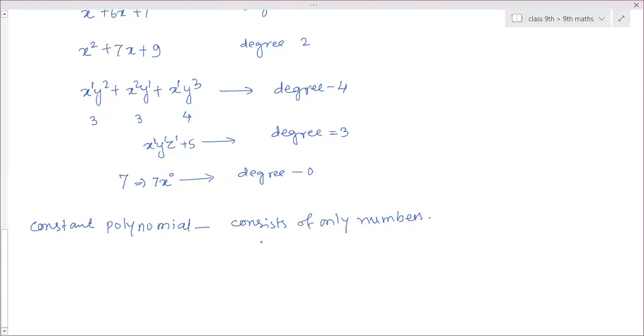So the degree is 0. In this case, the degree is 0. But there is one polynomial which is called the zero polynomial. What do you mean by zero polynomial? Zero polynomial means a polynomial with value 0, only 0, no number, no exponent, only 0.